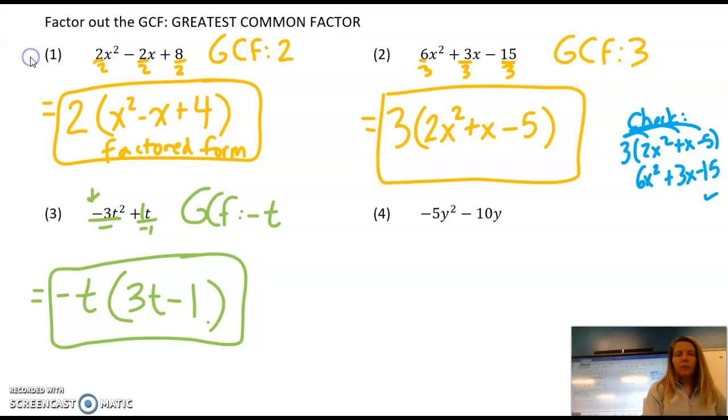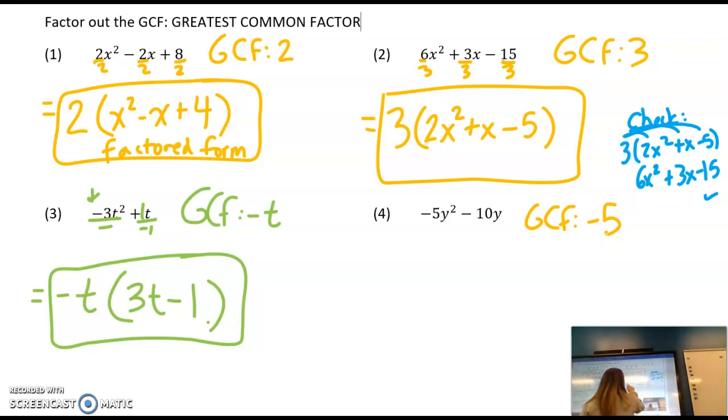All right, number 4, negative 5y squared minus 10y. So right off the bat, we know our GCF is a negative. What number could you divide 5 and 10 by? Well, 1 and 5. So the GCF here is 5. And then when I take a look at my variables, I have 2 y's here, and then I have 1 y there.